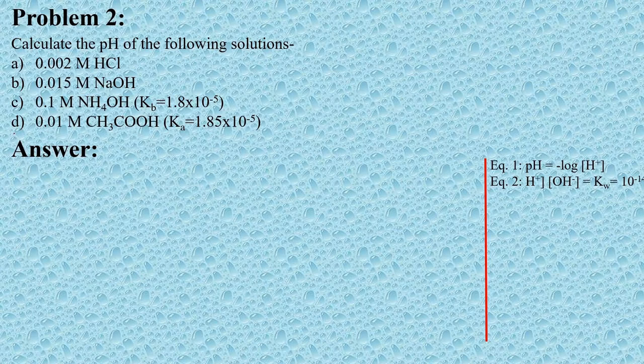And for B, solution B, we have to identify the pH of sodium hydroxide, a strong base. So here also, OH minus concentration is given, 0.015 molar. We have to use equation number 2 here.